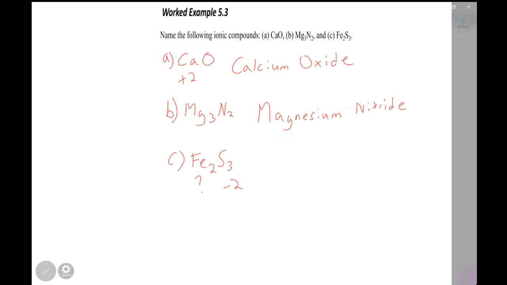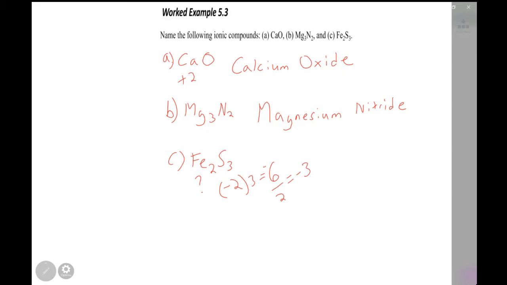I have 3 sulfurs, so I'll say times 3, which gives me 6. So I have a -6. Now iron has to balance out -6 completely. So we have to have the charge equal to 0. You'll notice I have 2 iron in this compound, so I have to divide by 2. So that tells me that each iron has to balance out -3.